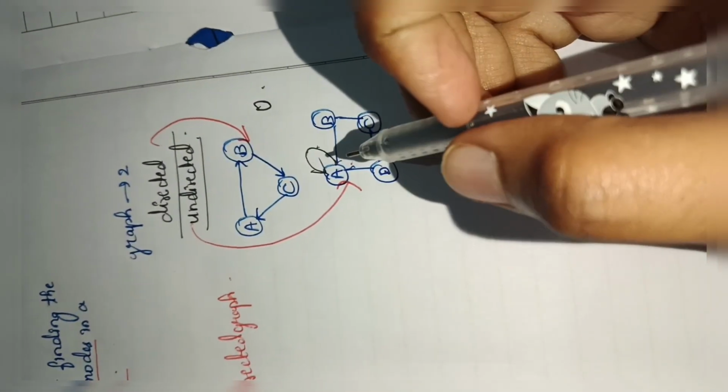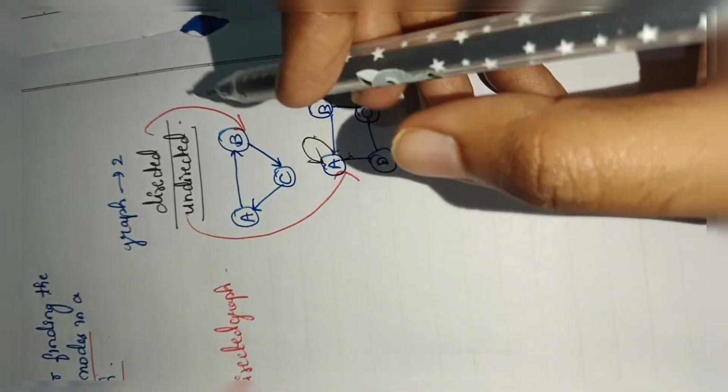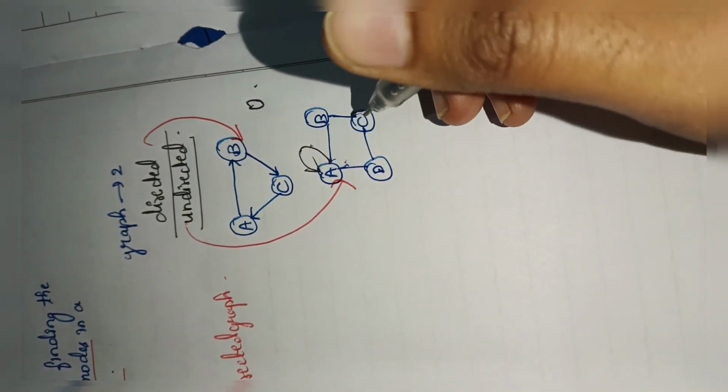And if there is a connection, or if it is cyclic, then you can also write it as infinity.